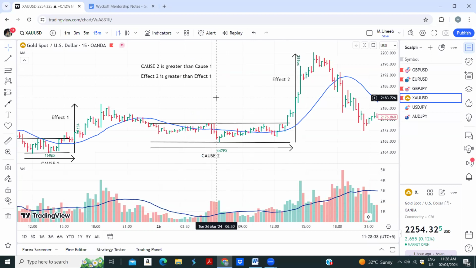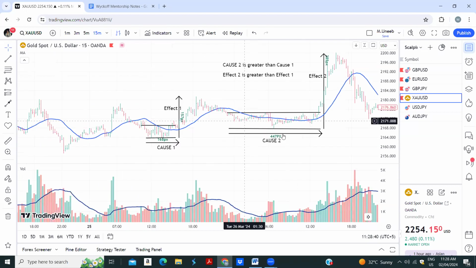This shows that the larger the range, the larger the price movement out of the range, and the smaller the range, the smaller the price movement out of the range. This is known as the principle of cause versus effect. It's very simple to remember. When we have a smaller range, then the price movement out of that trading range will be smaller.